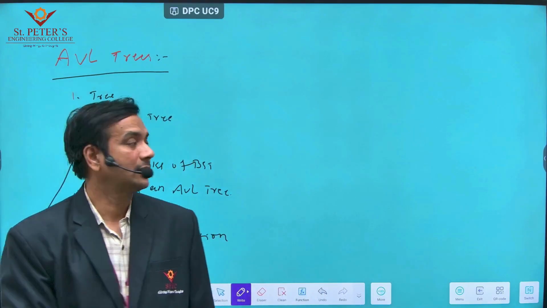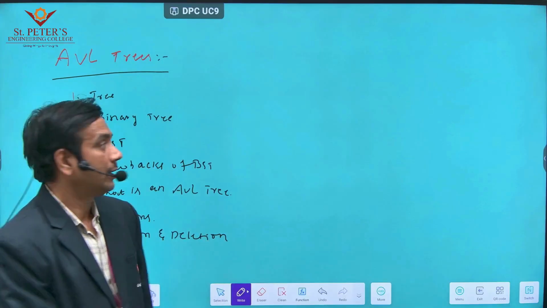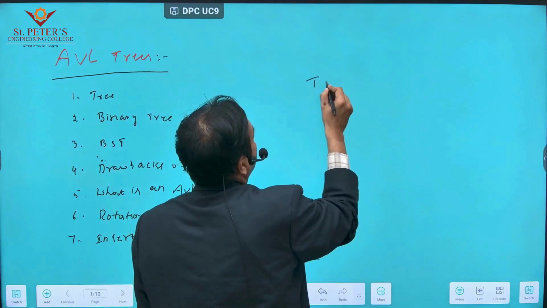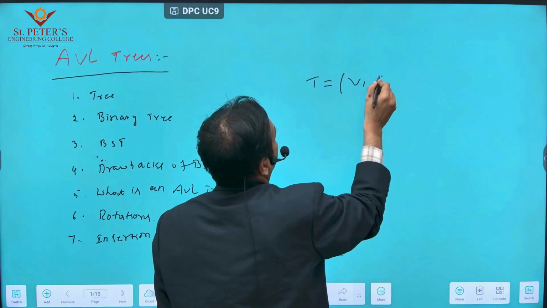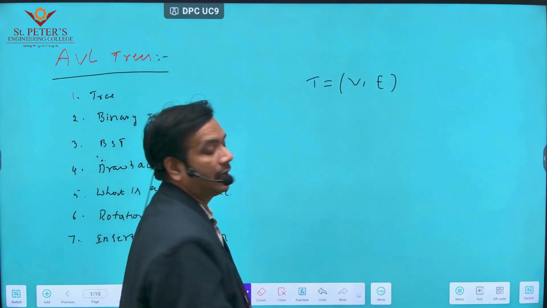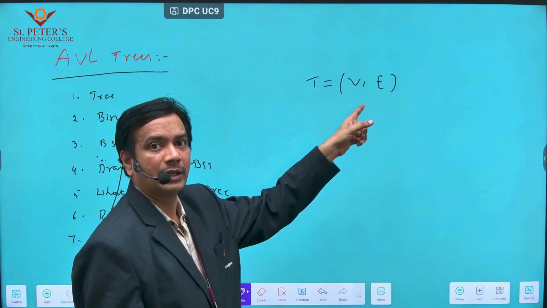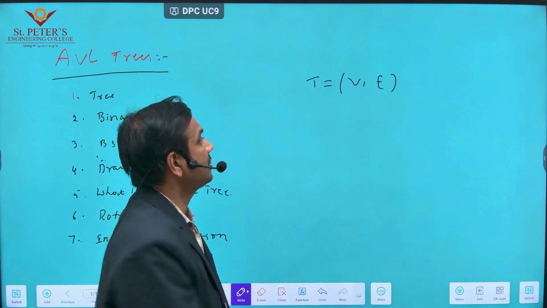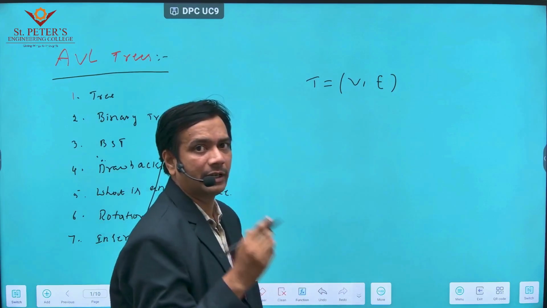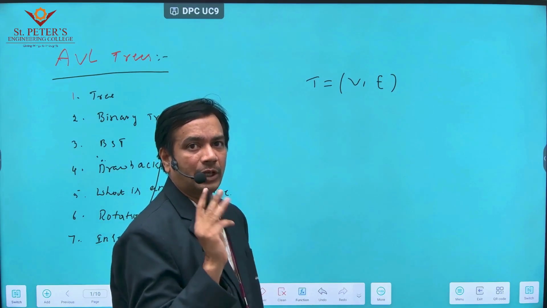First of all, what is meant by a tree? A tree is represented as T. It contains a vertex set as well as an edge set. The vertices are nodes connected by the edges. It mainly satisfies three properties.